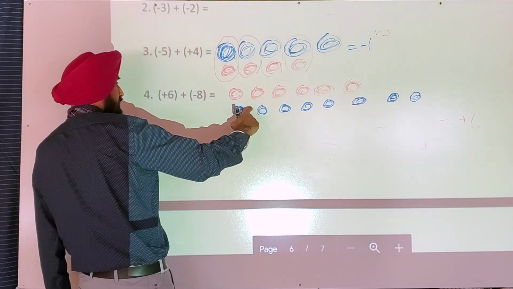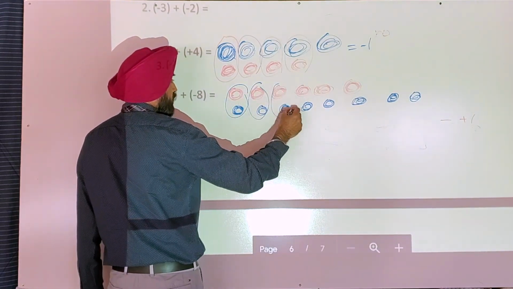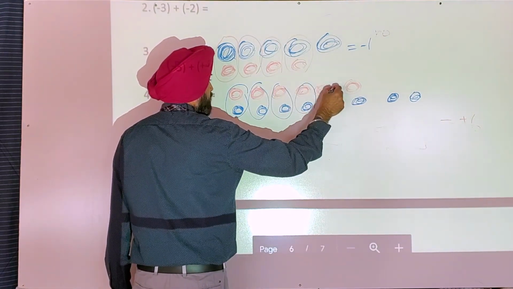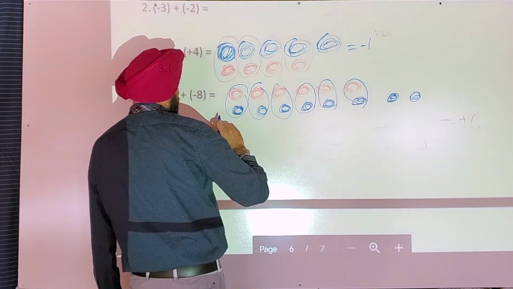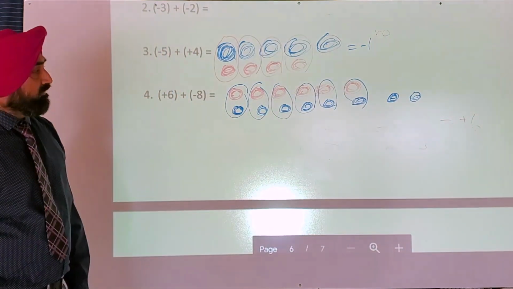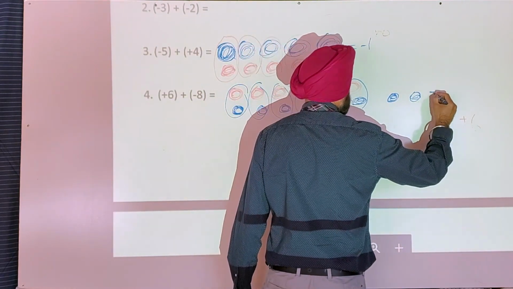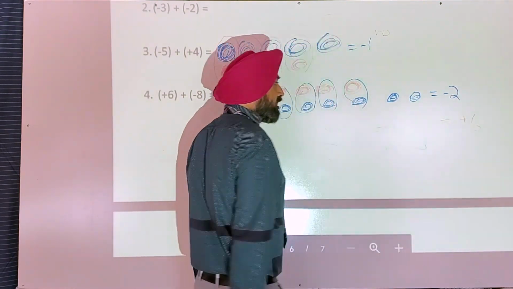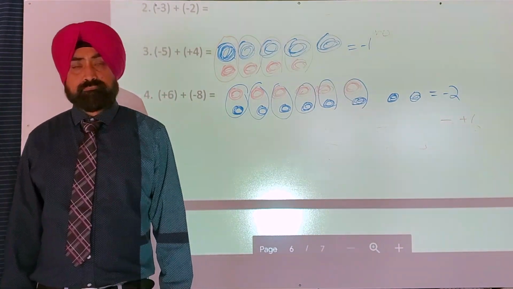Now these will make zero pairs. 6 red and 6 blue will cancel each other's effect. So what is left? 2 blue chips means 2 negative. Negative 2.